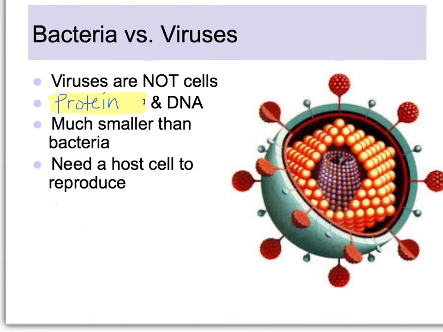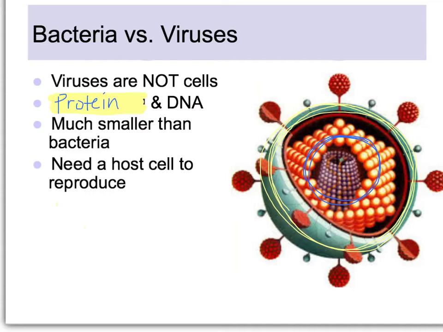So around the outside, I'll do that in this yellow, that is the protein built around a packet of DNA, and the DNA is right here in the middle. Okay, so it's like a little envelope of DNA.